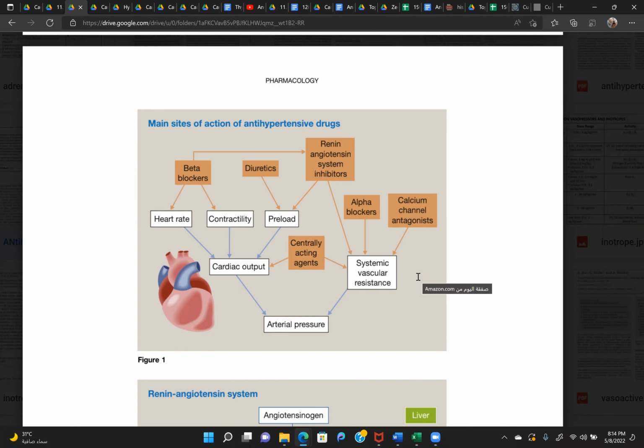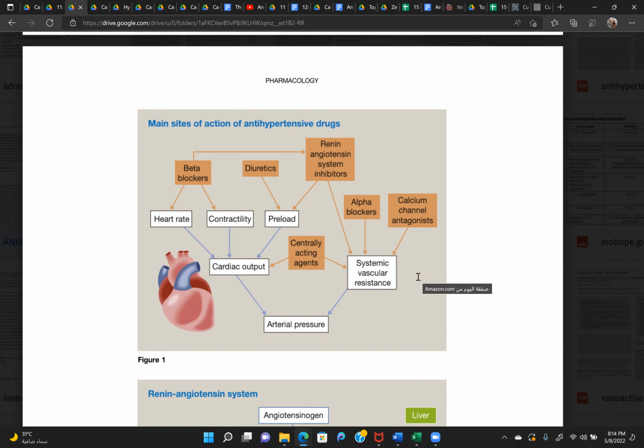Okay, so for example, one of the most important things which you should be targeting is the preload. So what medications should be targeting the preload? For example, if you think about diuretics, how are they affecting the preload?